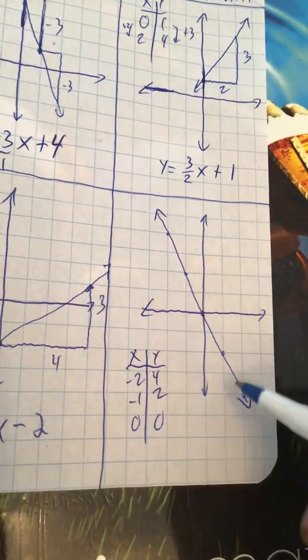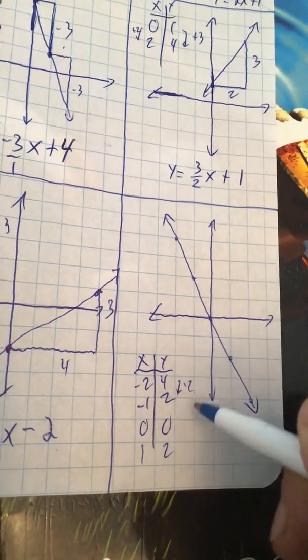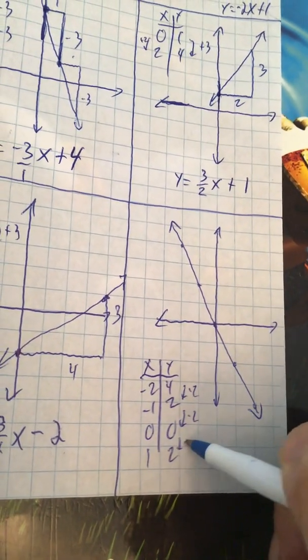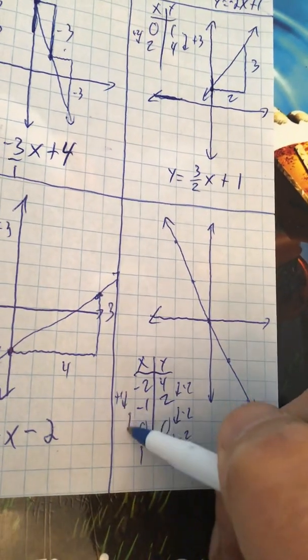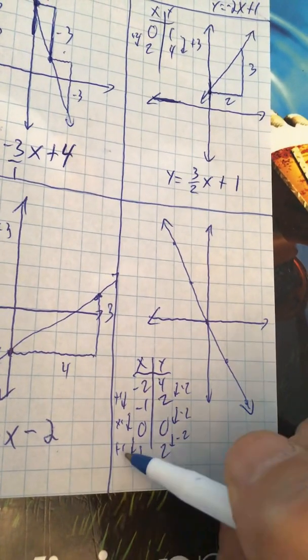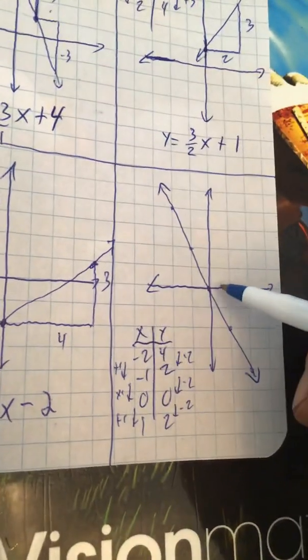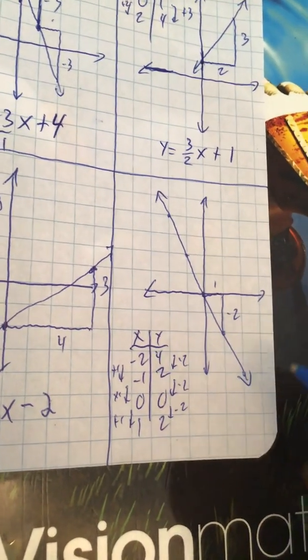This is (0, 0). And this is (1, -2). Looks like you're going down 2 every time, aren't you? Looks like you're going up by 1 every time. It's kind of hard to see at the beginning there, but you're going up by 1. And -2 divided by 1 is -2. This is over 1 and down 2 every time.